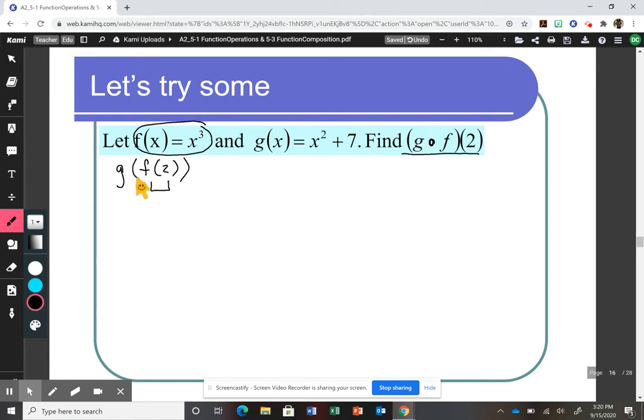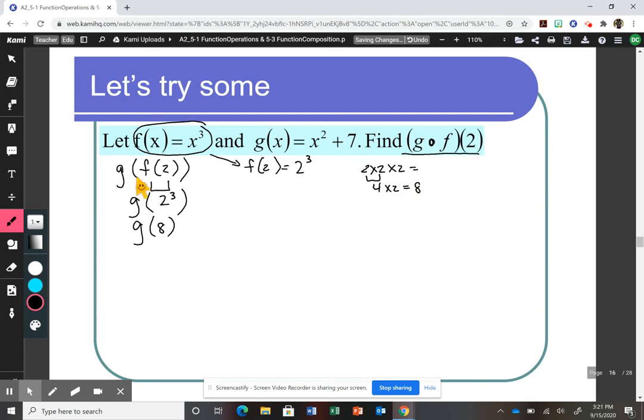It's kind of like I'm doing this on the side. f of 2 is equal to 2 to the third power, right? That's what's inside. But what is 2 to the third power? That's 8, because it's 2 times 2 times 2. 2 times 2 is 4, times 2 equals 8.